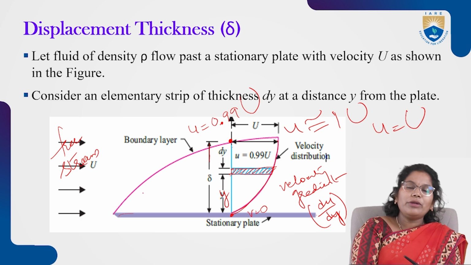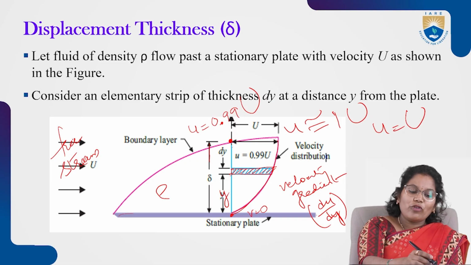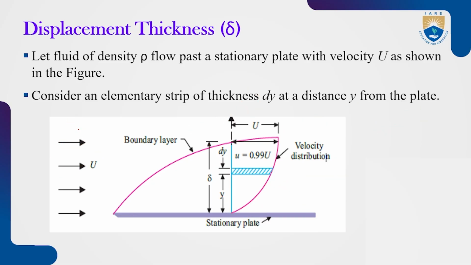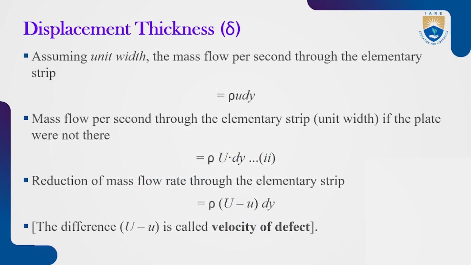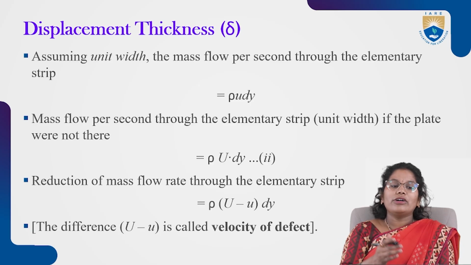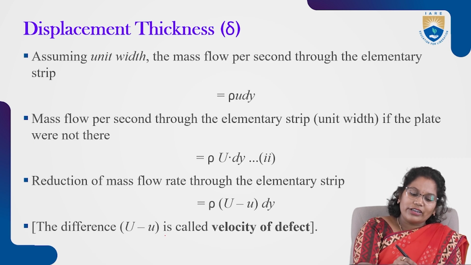Here the fluid is moving with density rho, and the velocity before entering is the free stream velocity, capital U. When this fluid enters over the plate, we see variations and find a boundary layer thickness. Now, to calculate a value, we are deriving the displacement thickness, delta star.